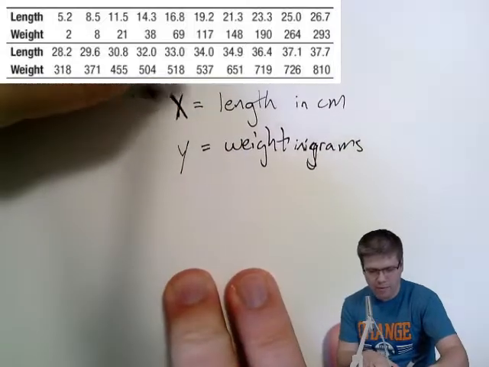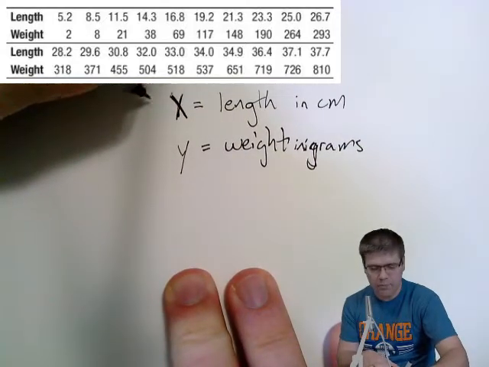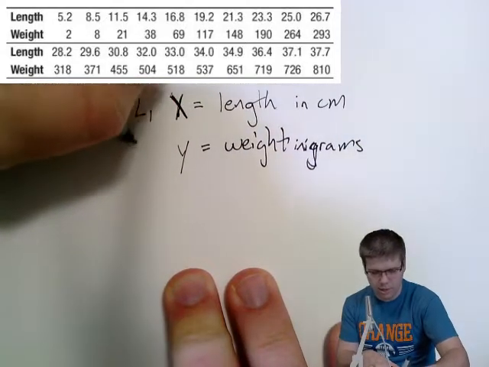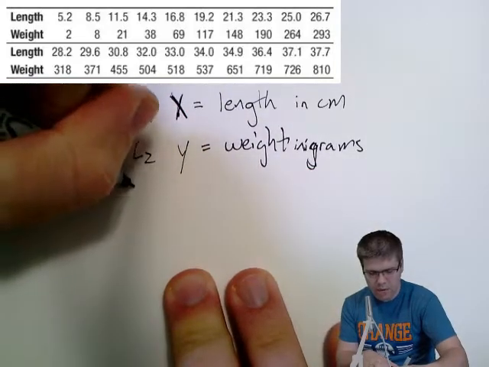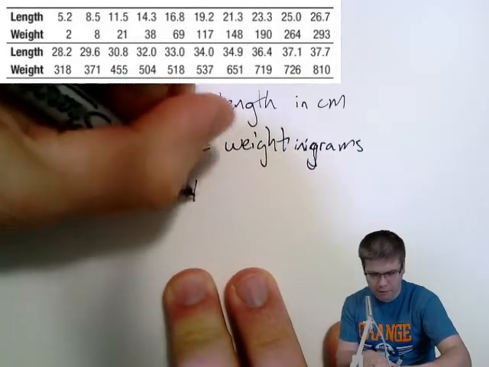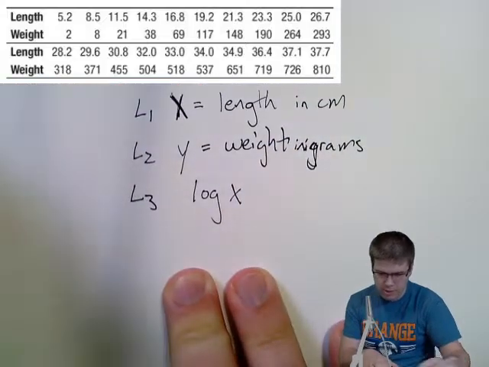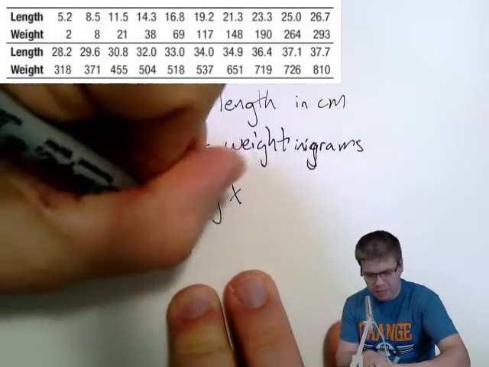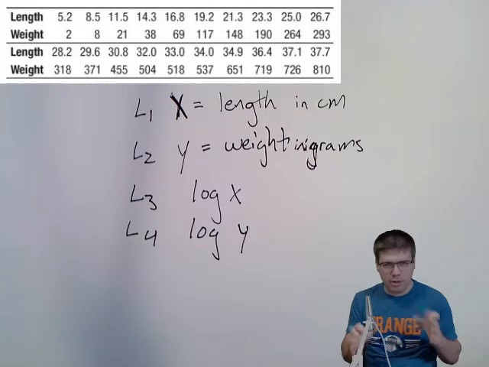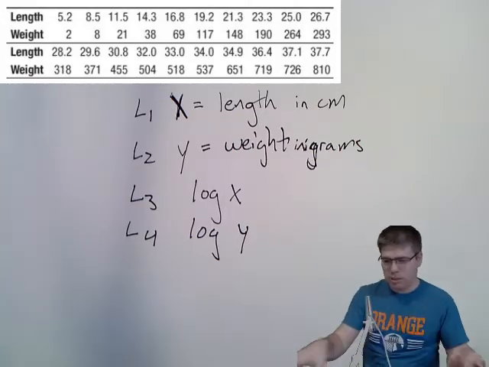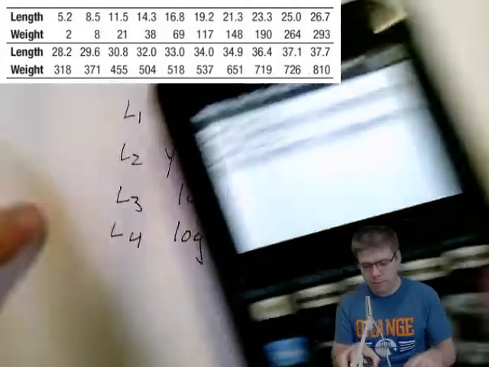So that I have in x is in L1, and then this is in L2. And so now in L3, I have the logarithm of my x values, and in L4, I've got the logarithm of my y values. Because this can be easy to keep straight.